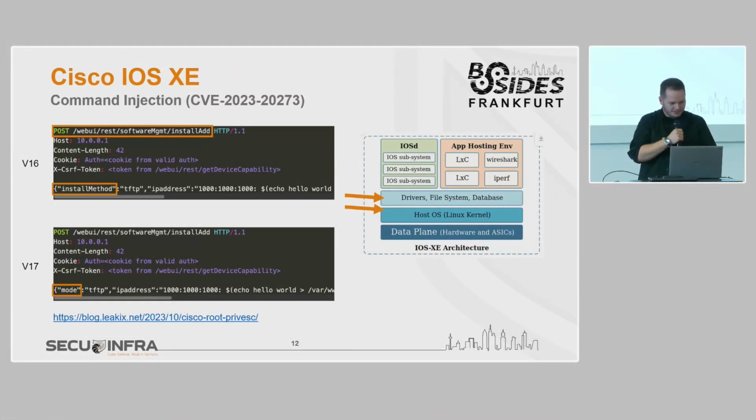There was a particularly nasty parsing bug in the install method call where they check for an IPv6 address, but they only check if there are 3 colon signs in there. So there's a command injection vulnerability in there, which looks different depending on the version of the operating system that's running on the device, but works either way.